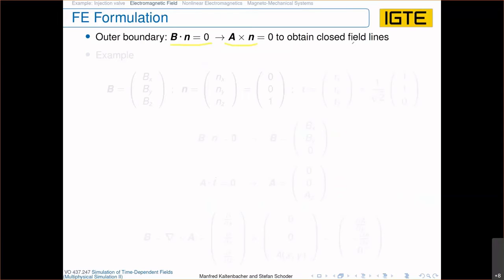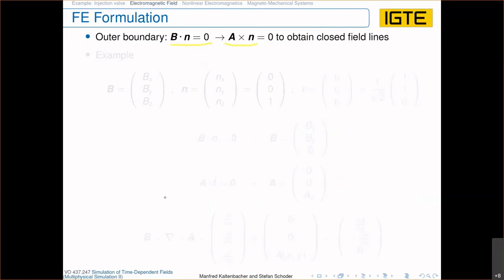So you always have to make your computational domain as large so that you also include the main parts of the stray field in air and don't compress, in this case numerically, more or less your physical field.